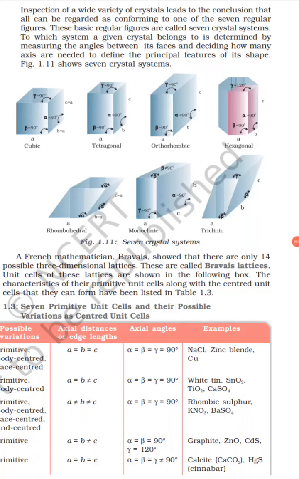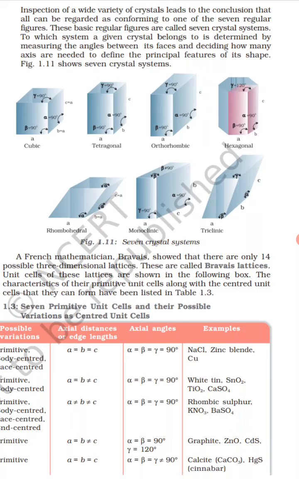When a wide variety of crystals were studied, it was concluded that any crystal belongs to one of the 7 regular figures, and these basic regular figures are called 7 crystal systems.